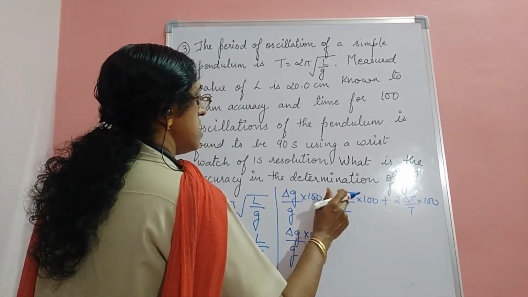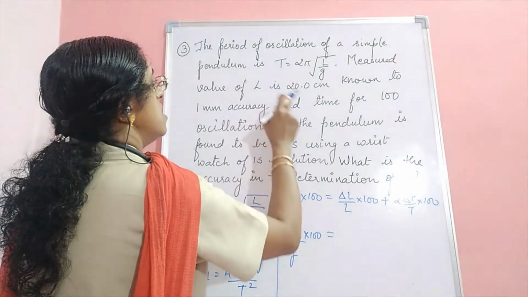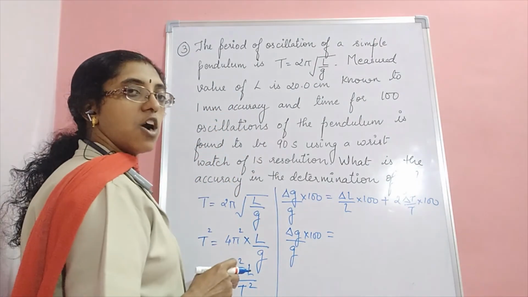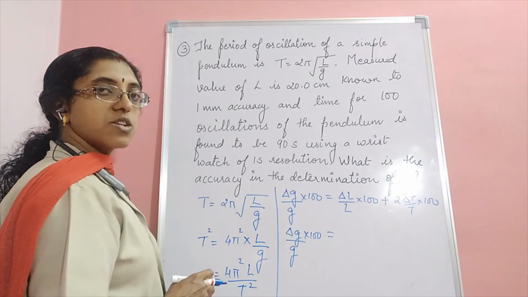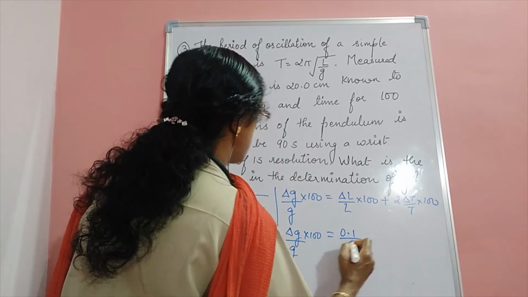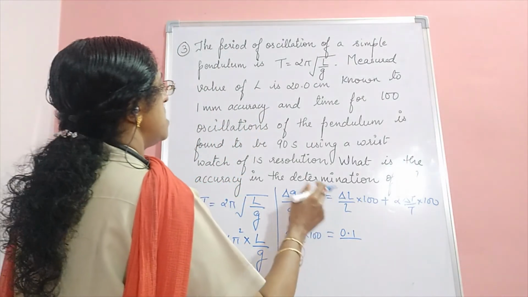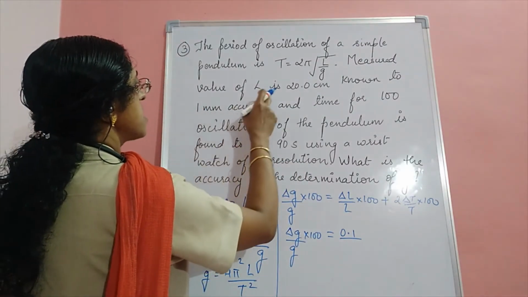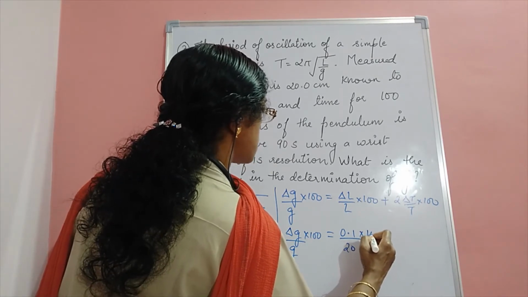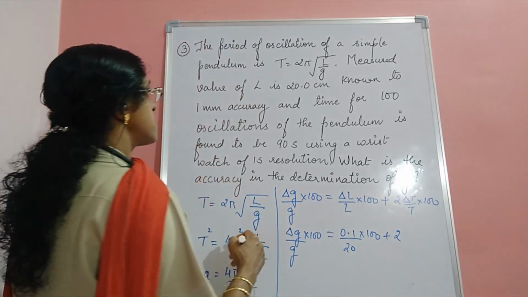So, what is the error in L? The error in L was the accuracy, 1 millimeter of accuracy. 1 millimeter means how much centimeter? It is 0.1 centimeter. So, I'll write it as 0.1 upon how much is L? Del L is 0.1 centimeter and the value of L is 20 centimeter, so 0.1 upon 20 into 100, plus 2 times, what is delta T?